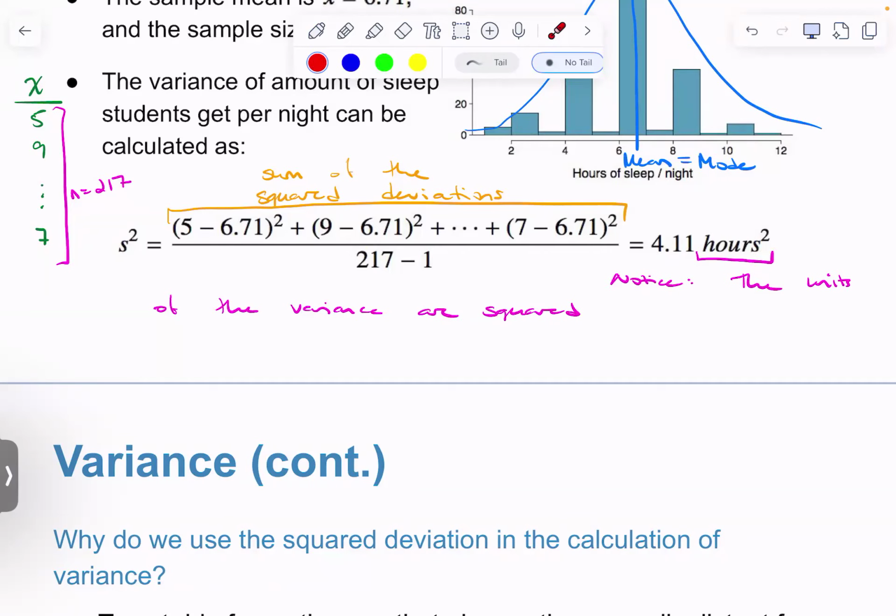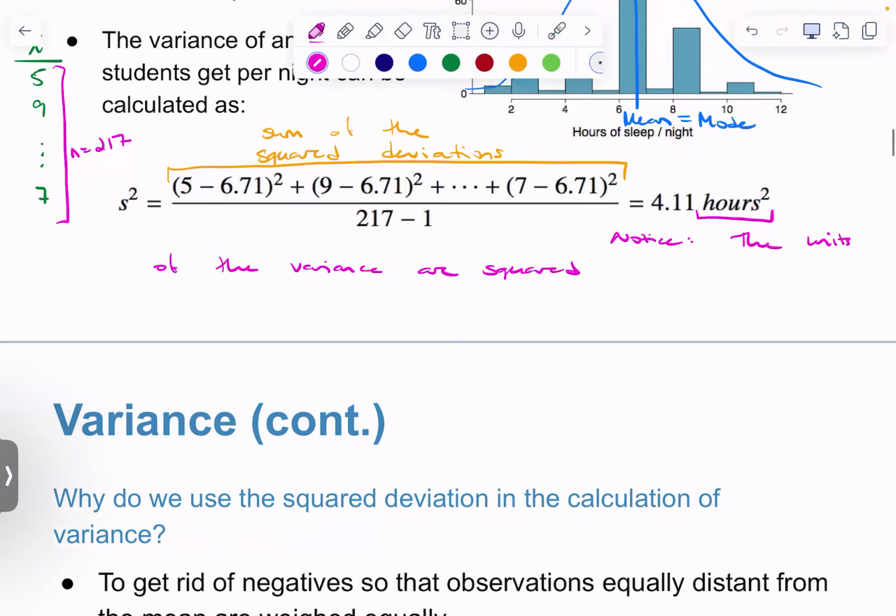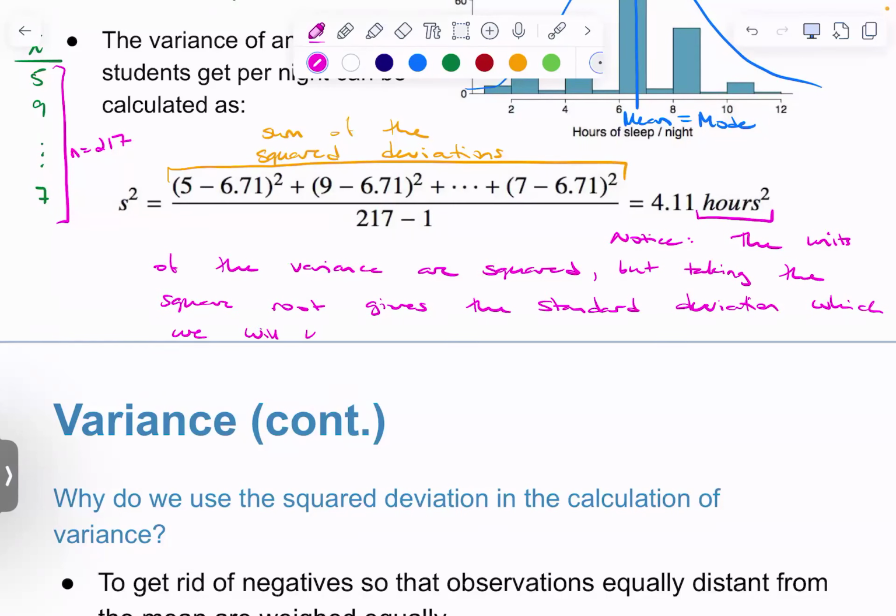And so notice the units of the variance are squared, but taking the square root gives the standard deviation, which we will use in this course.